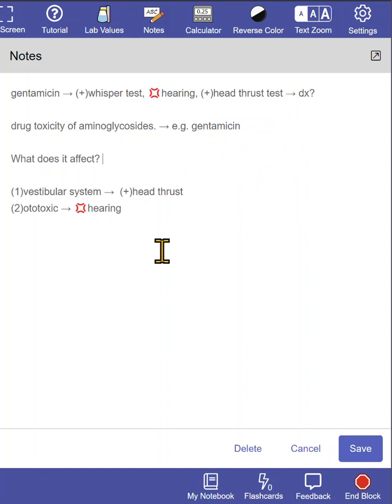What does it affect? Vestibular system leads to positive head thrust, and ototoxicity leads to decreased hearing. So the moral of this story is that gentamicin can affect your vestibular system and lead to a positive head thrust test.